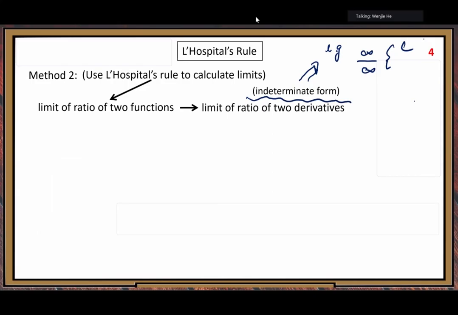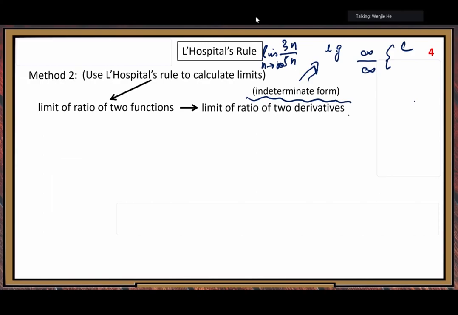All right, let me show you an example. 3n over 5n. 3n goes to infinity, 5n goes to infinity, so that's infinity over infinity.